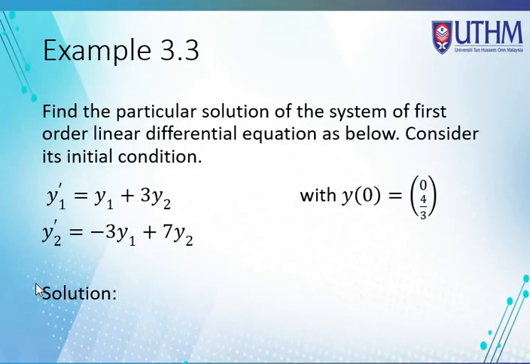Now let's look at example 3.3. Find the particular solution of the system of first order linear differential equations as below and consider its initial condition. So this question has an initial condition, then we need to find the C1 and C2 values. So first of all, this first order differential equation is given as y1 prime equal to y1 plus 3y2, y2 prime equal to negative 3y1 plus 7y2.